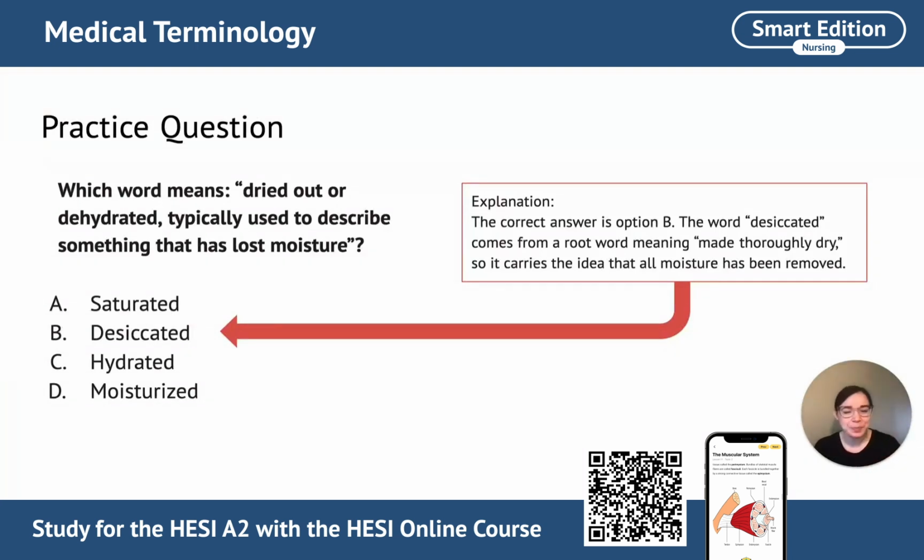Something that might help you remember the definition of this word is the next time you go to the grocery store, if you go in the baking aisle, you might see desiccated coconut, which is coconut that has been completely dried out and you're able to use it for baking. And I don't know why, but sometimes silly examples like that really help us remember things better.